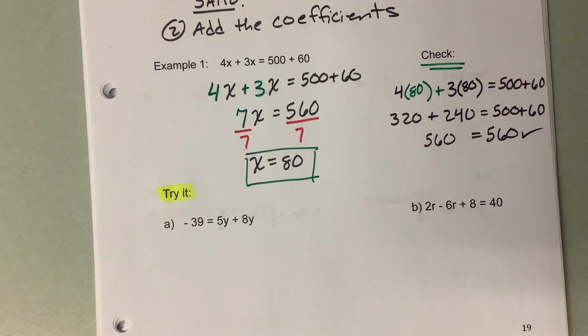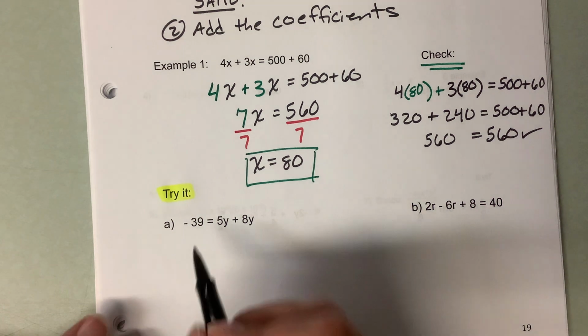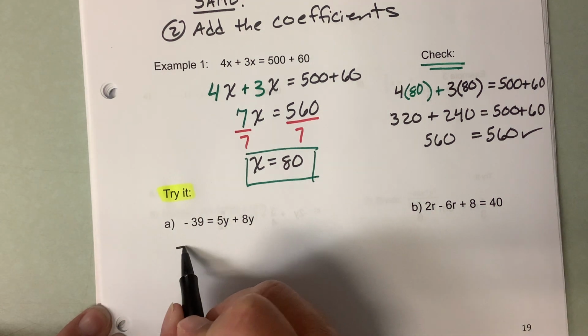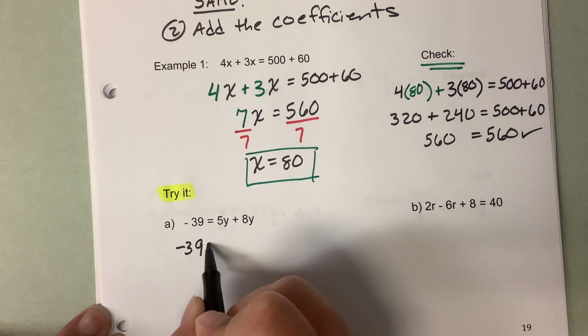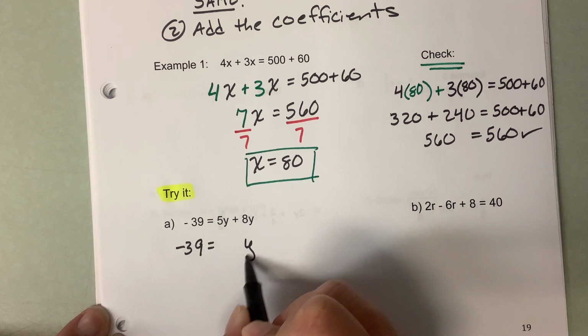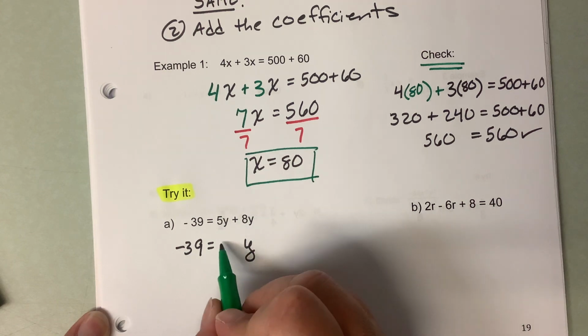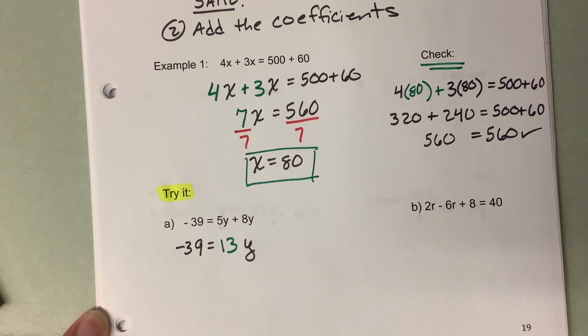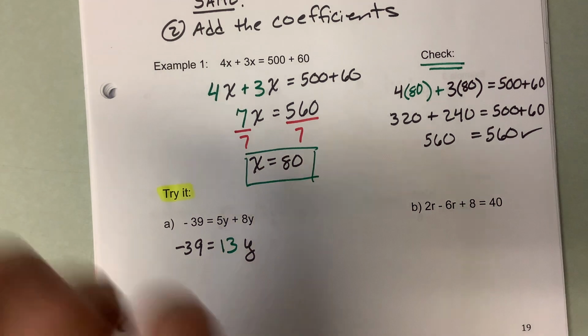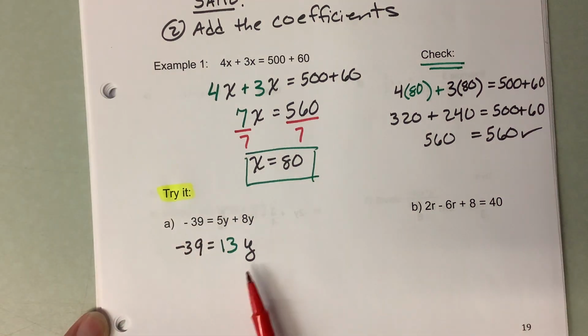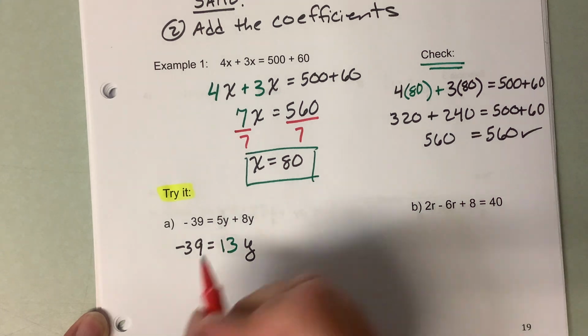Okay, welcome back. I hope you turned off the video and tried them. Negative 39. Keep the y. It's only 5 plus 8, 13. That changes. So you keep the variable, add the coefficients.